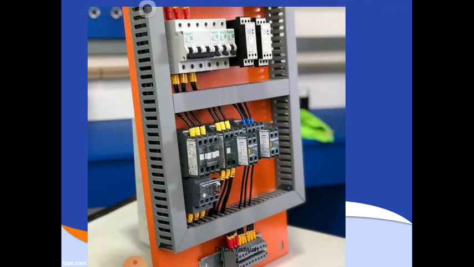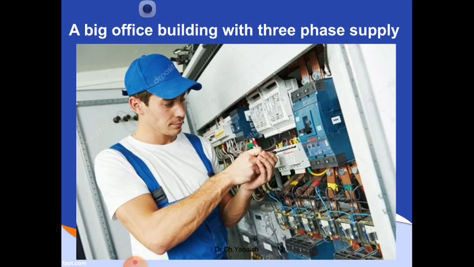Now you can see this practical connection in a house. So how you are going to connect and protect each and every system from electrical shock as well as fire accidents. Now this is a single phase one. Coming to a big office, for example a big office building with a 3-phase supply, in a big office there is a possible provision of ACs, air conditioned systems.